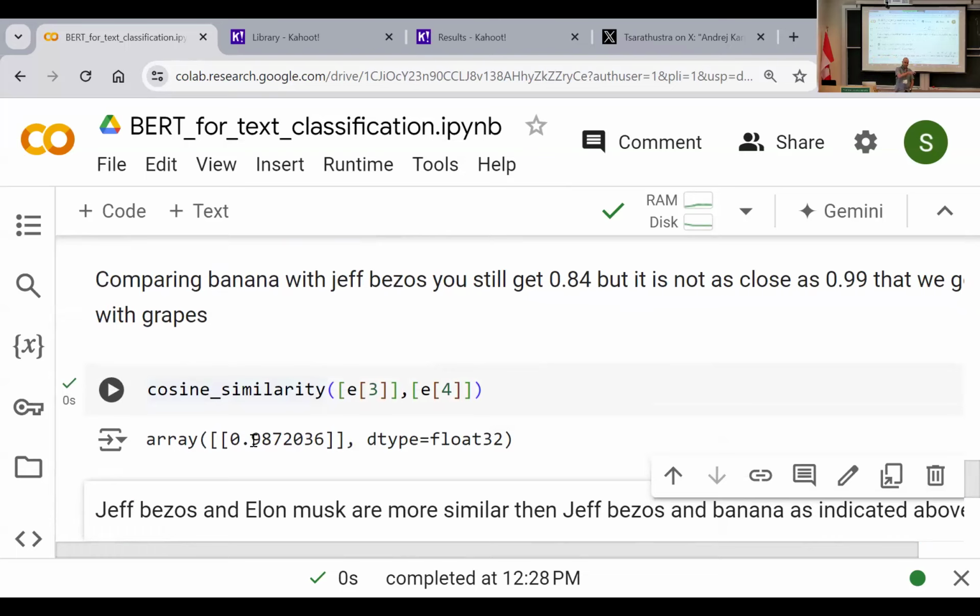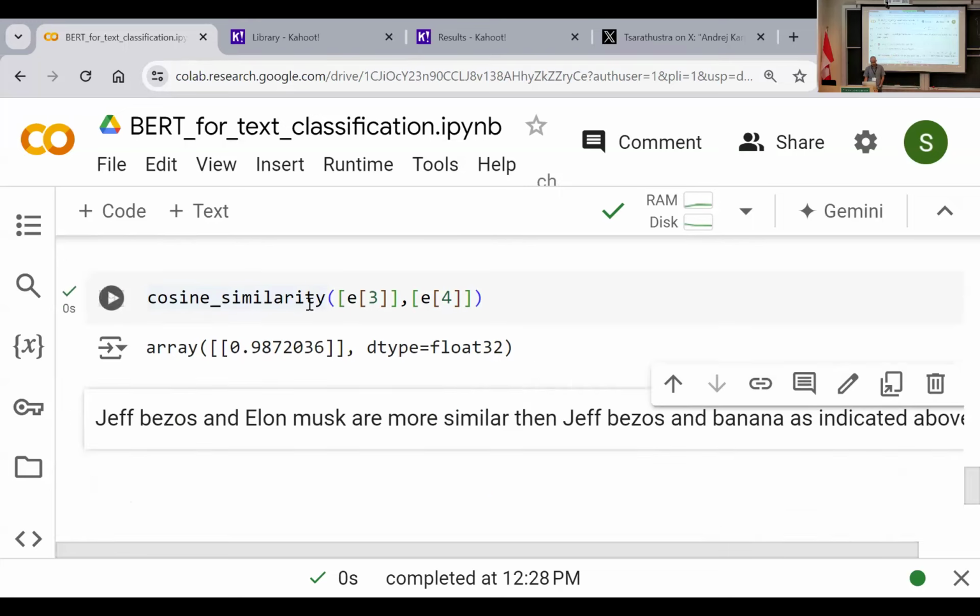Because in the text that was used for developing BERT, both of them were mentioned in, I don't know, tech articles, in articles about rich people, in articles about US, right? So that's the similarity. It is about their co-occurrence, essentially. The fact that both of them are CEOs and so on, right?